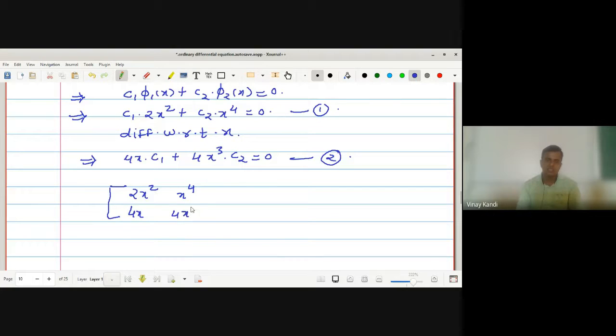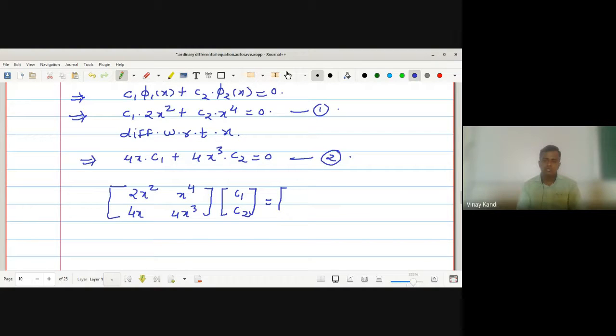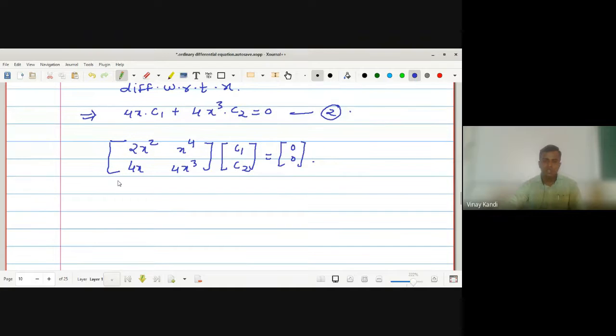So this is the matrix form, and C1 and C2 is the column vector, which is equal to 0, 0. Okay. Now this coefficient matrix has a unique solution if the determinant of this matrix is not equal to 0.